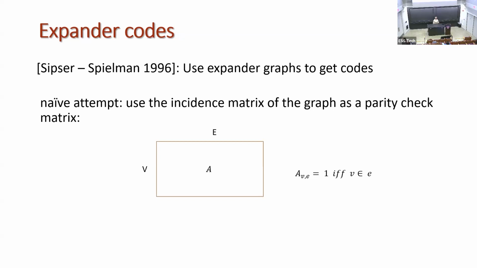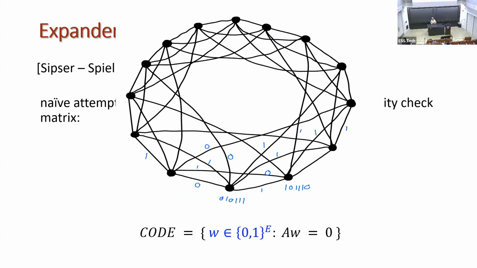So basically, my code will be all the strings whose coordinates are indexed by edges, so that they're in the kernel. What does that mean? It means that for every vertex, if I look at the edges that touch this vertex, and I look at the coordinates in that string, these sum to 0 modulo 2. Okay, so I think it's better to look at the picture.